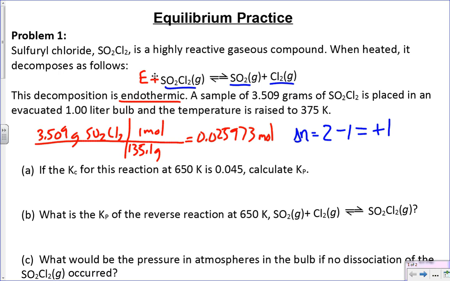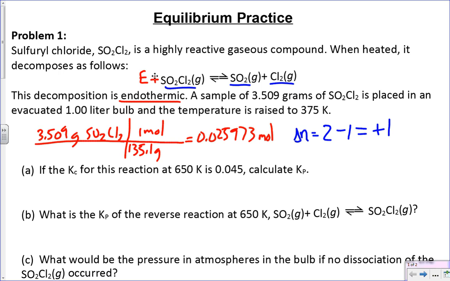So A says if the Kc for this reaction is at 650, well, right away I notice that's a different temperature. So that means we're probably not going to be dealing with the masses and the temperatures that we dealt with before. So this is a side question. So we're at 650 K, and it says the Kc is 0.045, and it wants to know what the Kp is.